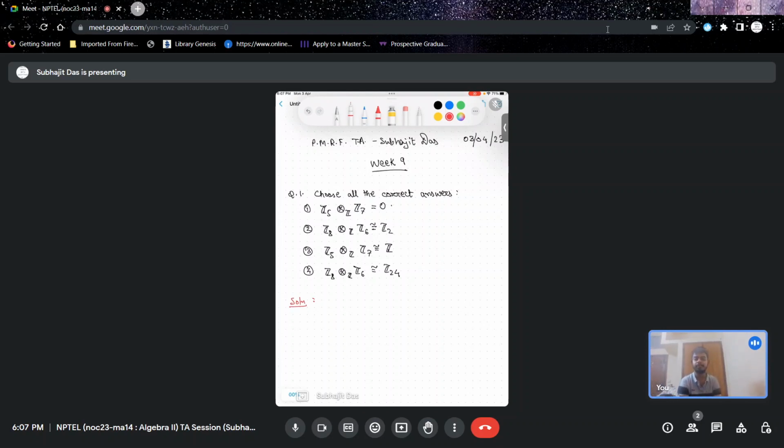Since Z is commutative, we need not mention whether it is a left or right module. The first option asks whether Z5 tensored over Z with Z7 is equal to 0.